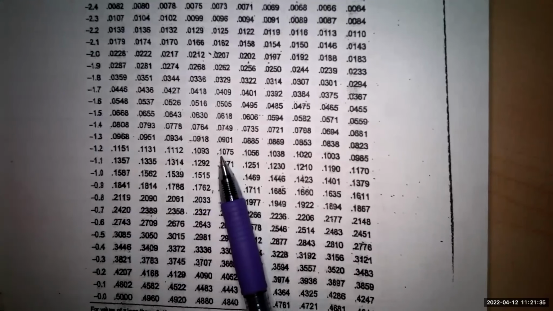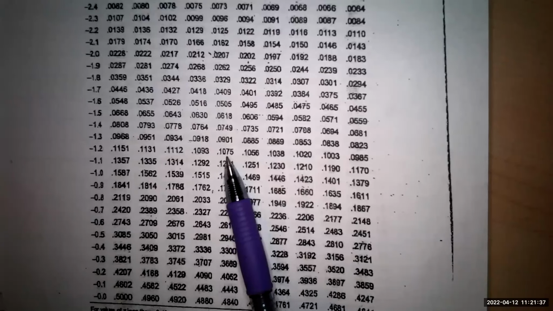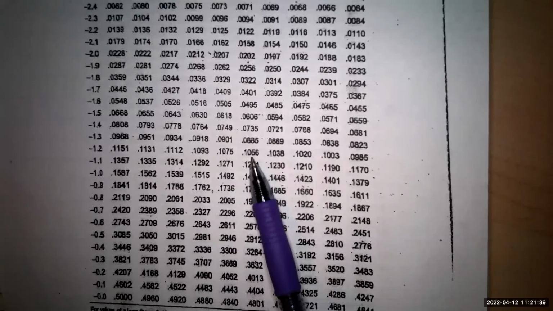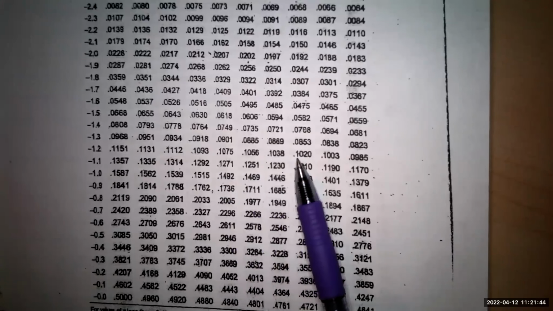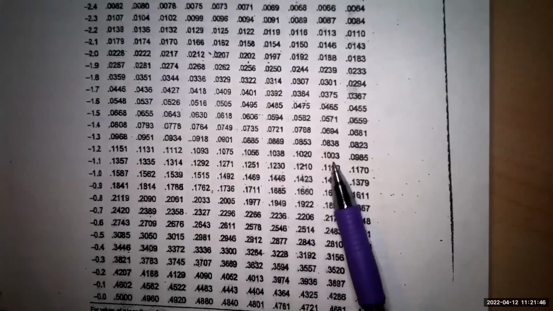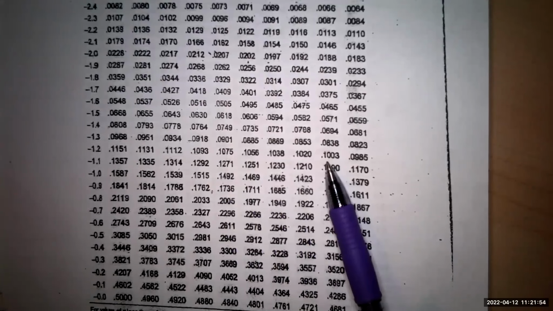But you get a better one here: 0.107, 0.105, 0.103. And then you get 0.12. Oh, you get the best one here. This one is 0.1003. That's exactly what you are looking for, because if you round that, that would be 10%. A little bit up and down would be fine with us.